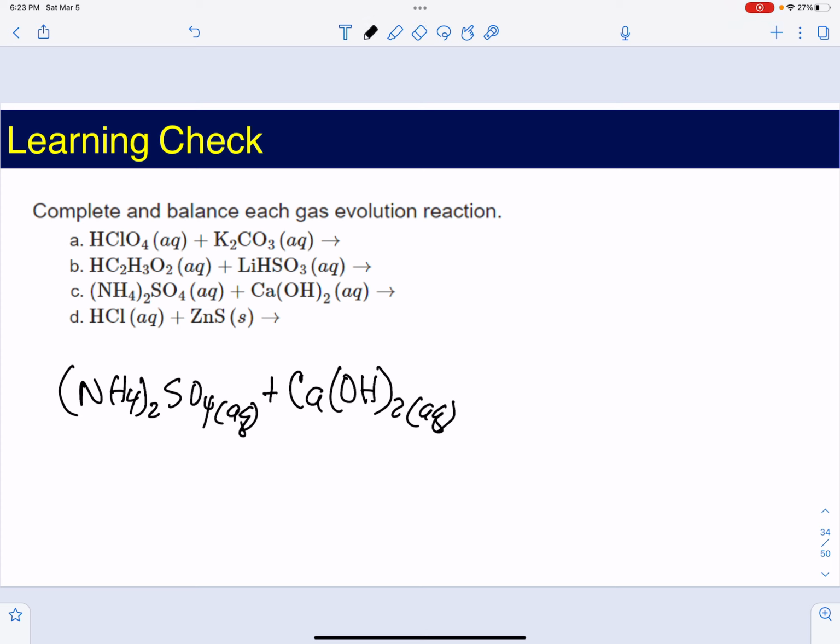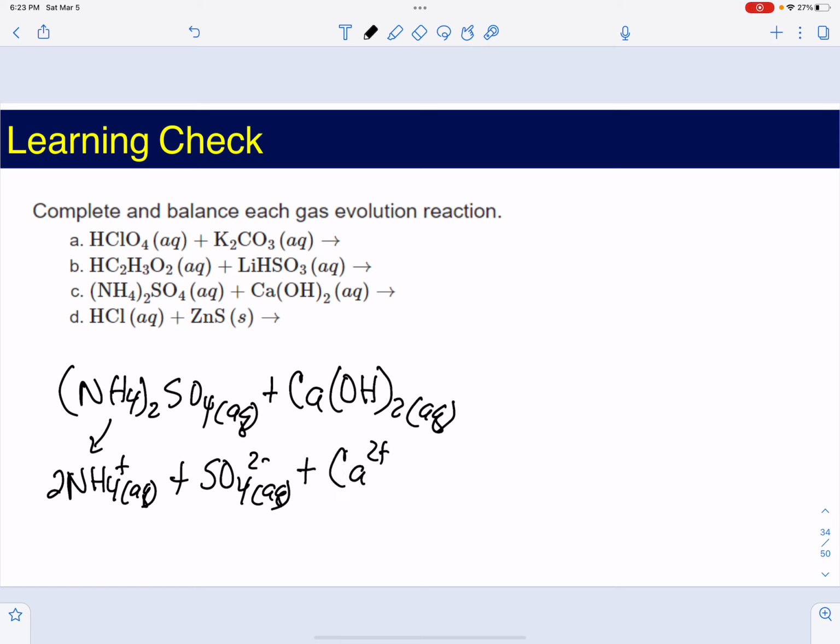This is gonna give me two ammoniums, aqueous, plus one sulfate, aqueous, plus one calcium, aqueous, plus two hydroxides, aqueous.